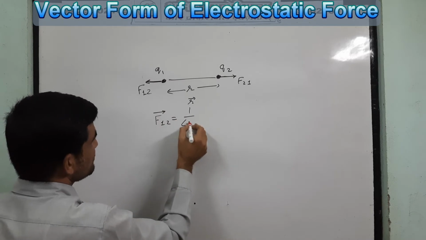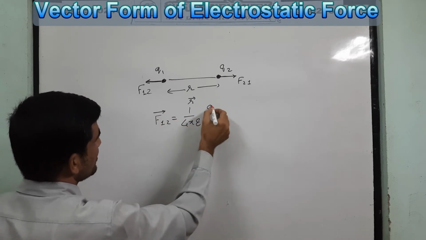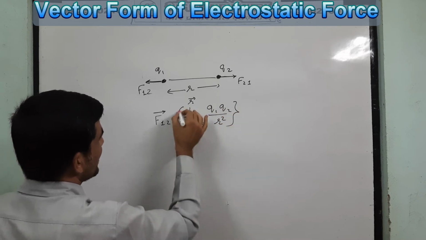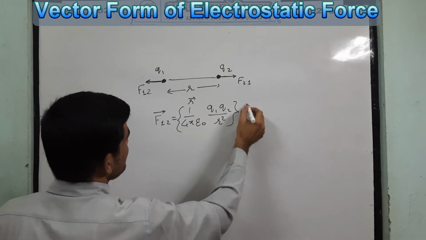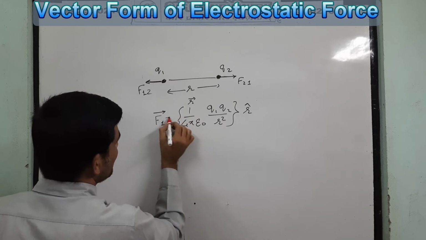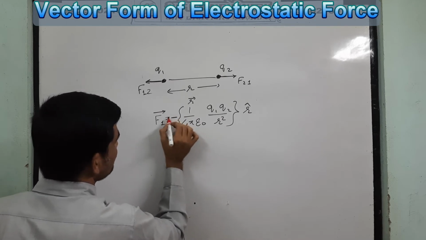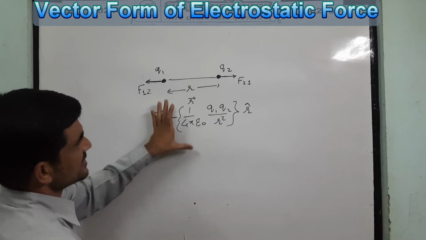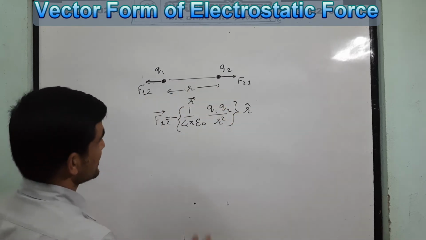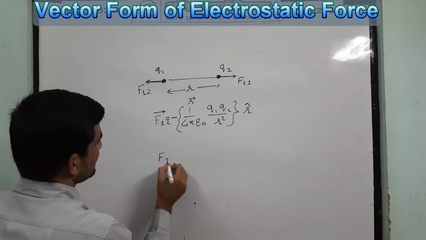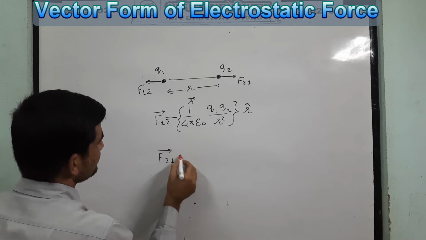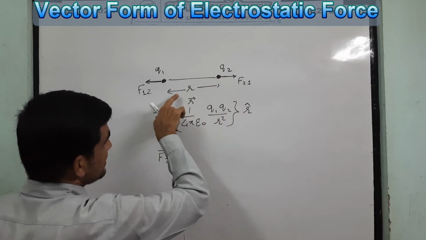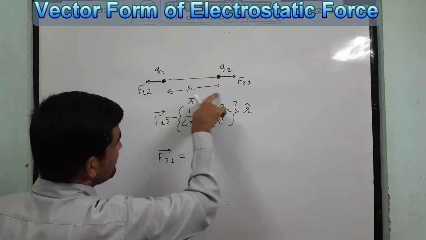Its magnitude is 1 upon 4 pi epsilon naught q1 q2 upon r square, and its direction is opposite to the direction of r, so there will be a minus sign here. Clear? So this force is expressed in vector form like this. And F21, the force on the second charged particle, will be along the direction of r.